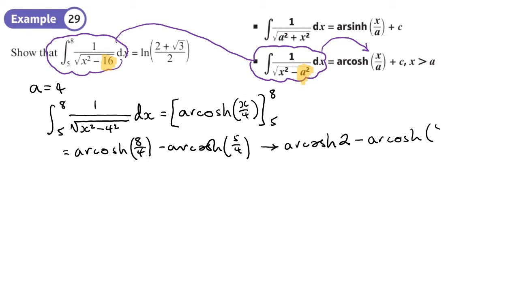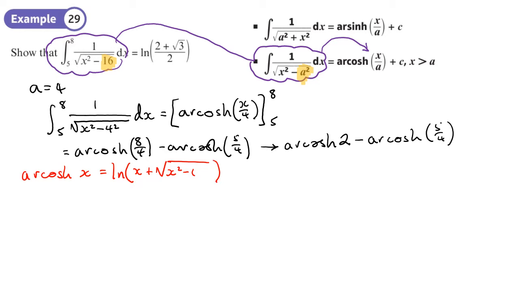Now how do we work this out? Well, in the formula booklet, I think it's on page 14, it says that arc cosh x is equal to log of x plus the square root of x squared minus 1. So that's given to us in the formula book. All we need to do now is substitute the values in.